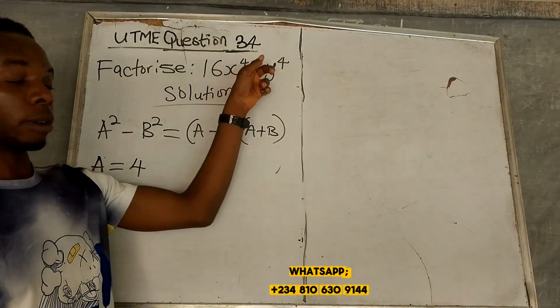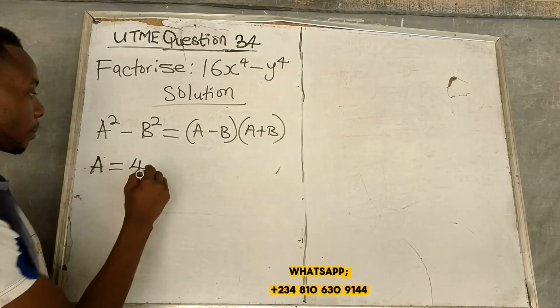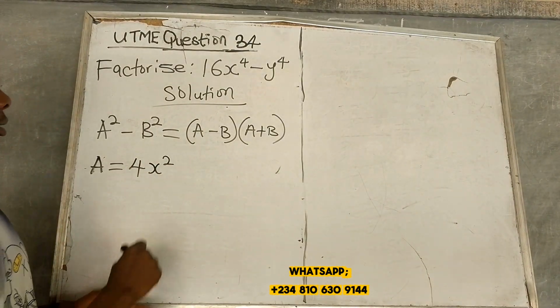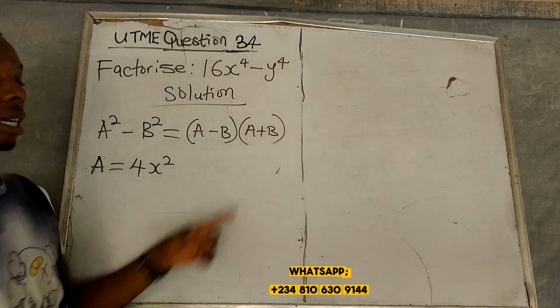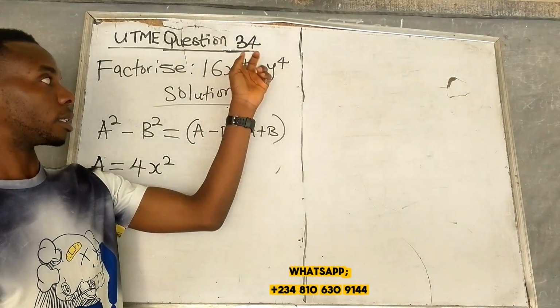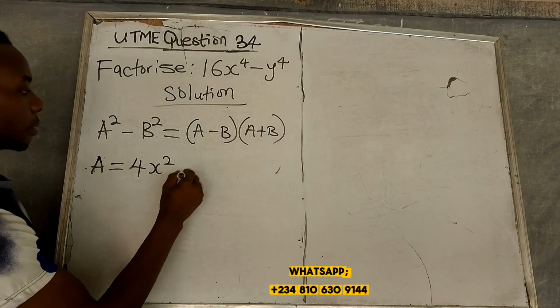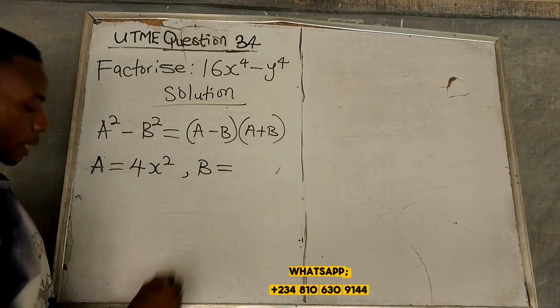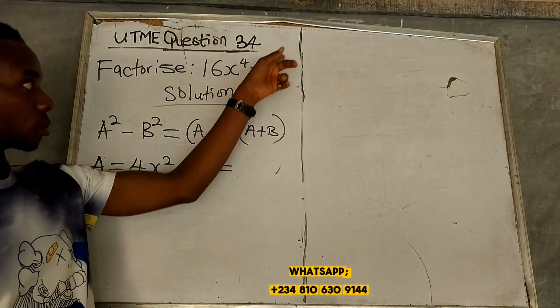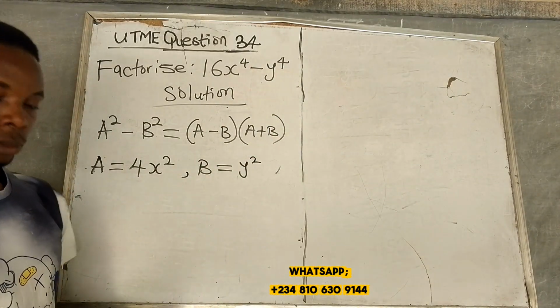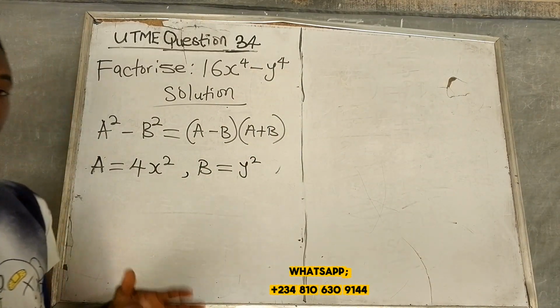And the square root of x raised to the power of 4 will give us x squared, because the square root will cancel out 2 here, remaining only 2, which is x squared. Then the b will be equal to y raised to the power of 2. I hope you're following.